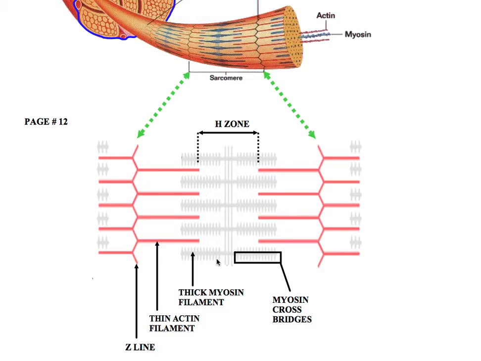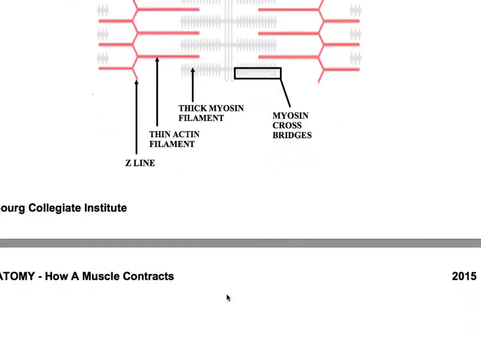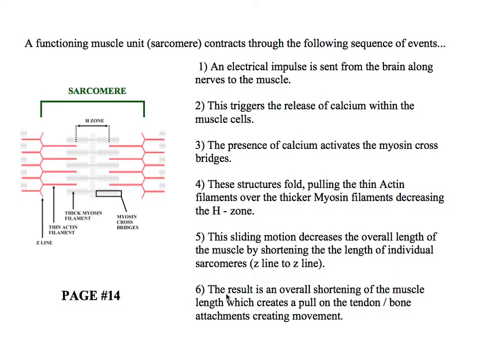The thick myosin fills up an area of space called the H zone, which is the space that will decrease when contractile function occurs. And that occurs by these myosin cross bridges folding and pulling in on the thin actin filaments. So let's take a look at this step by step on how an actual muscle contracts.